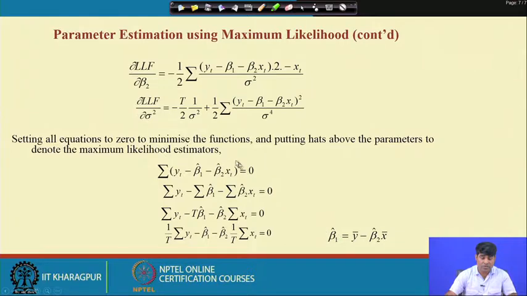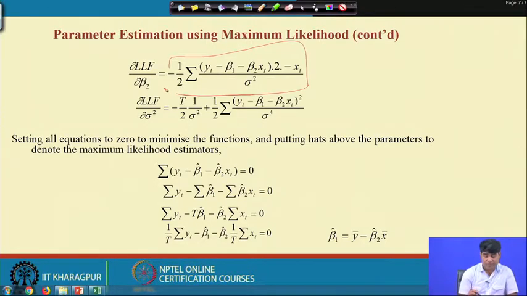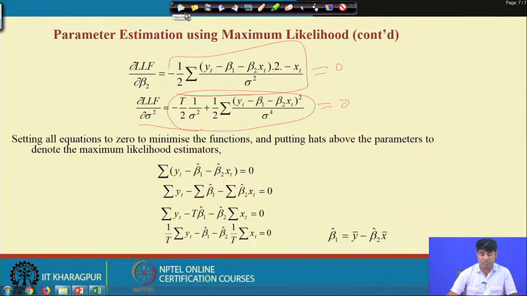Again, dLLF by d beta 2, which is this much, should be equal to 0, and again dLLF by d sigma square is equal to this much. So, all are set to 0.